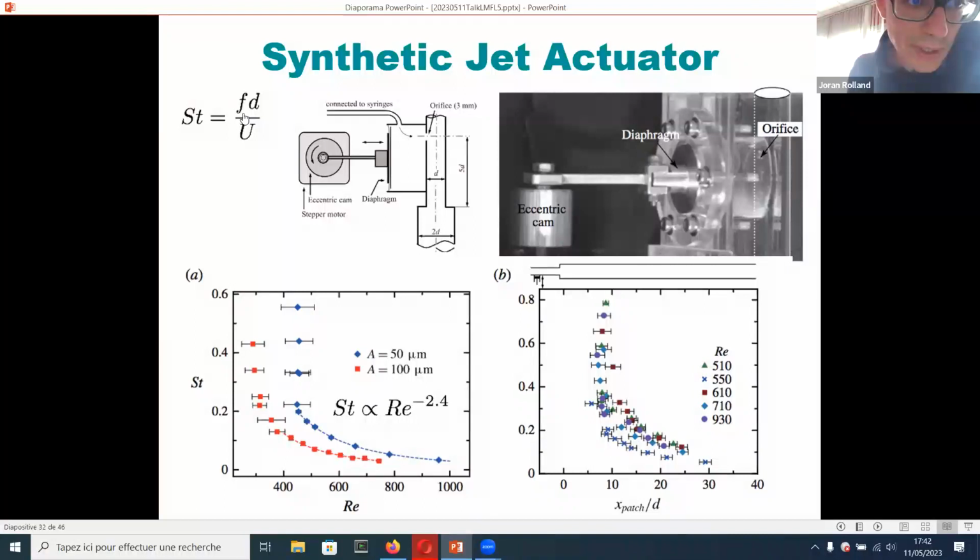But I think I've done quite a big review on different types of jets. There are other types of disturbances with multiple jets that I didn't talk about. There is a good review by Tom Mullin in 2011 in the Annual Review of Fluid Mechanics on all the different types of disturbances. I think the synthetic jet is a new one, and maybe there are some other new ones that could be tested.